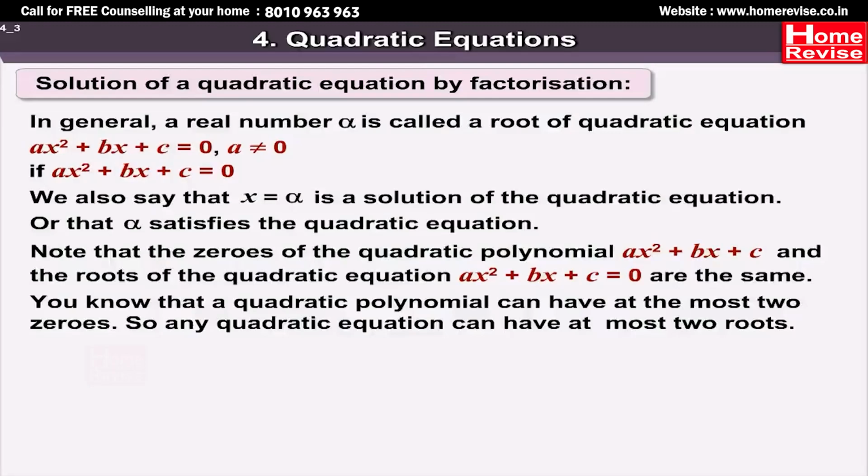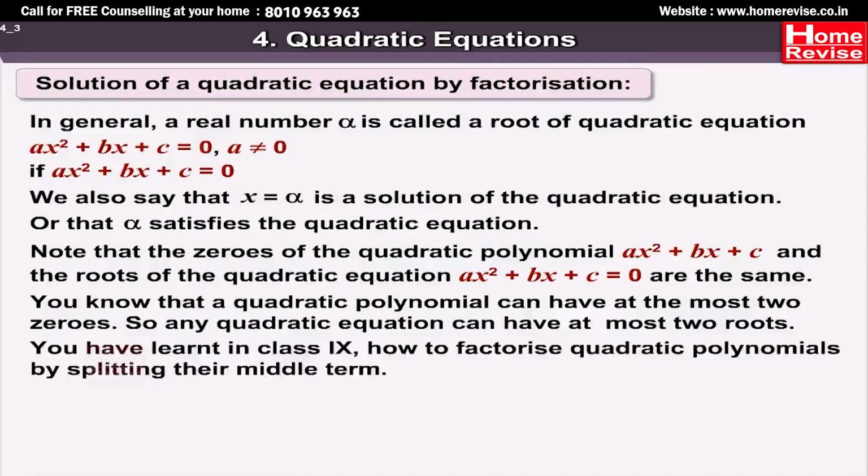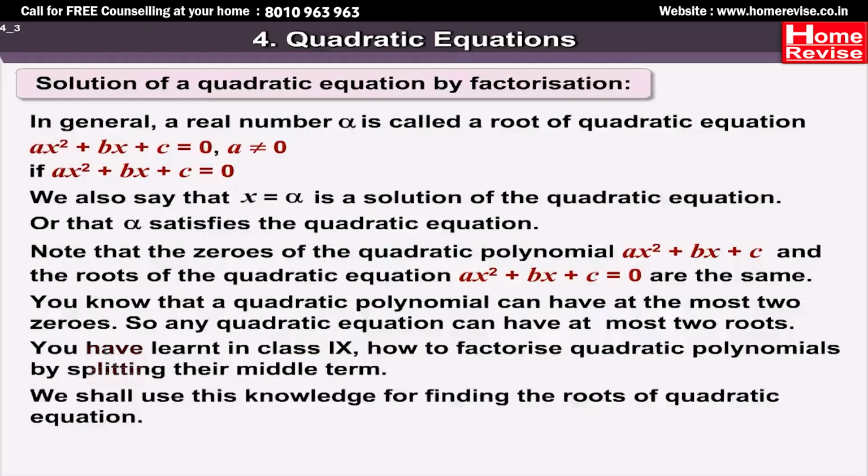So, any quadratic equation can have at the most two roots. You have learnt in class 9th how to factorize quadratic polynomials by splitting their middle term. We shall use this knowledge for finding the roots of quadratic equation.